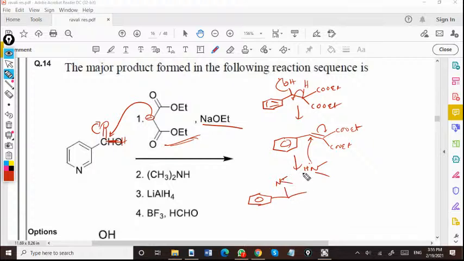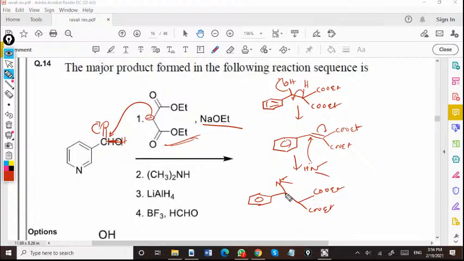It will be N-dimethyl with H at this place. So the hydrogen will move to this, so it becomes neutral, and at the same time COOEt and COOEt. When this bond is migrated, it becomes minus. That will abstract the H plus, so it will be neutral. This is going to happen.